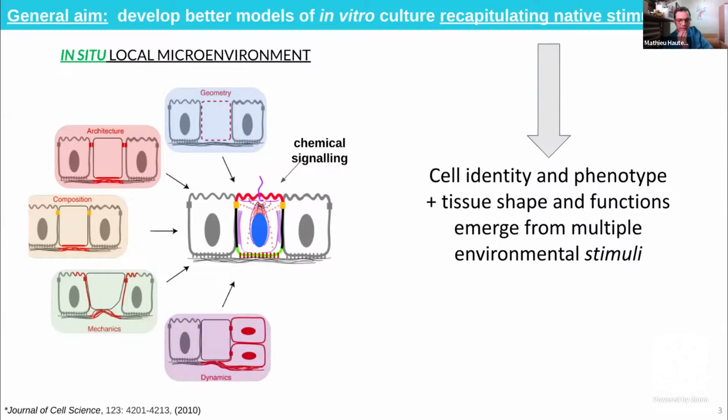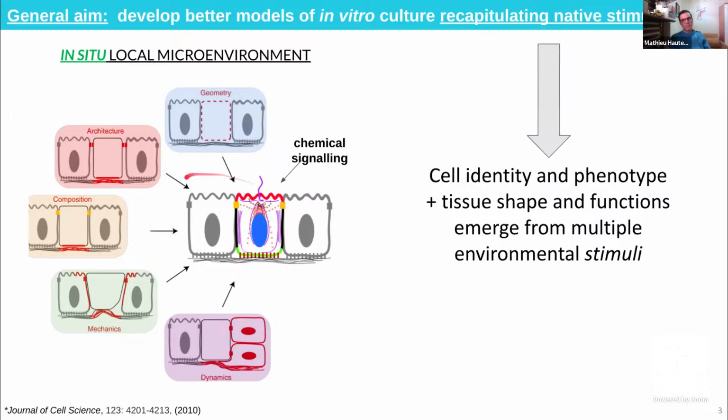So the general aim of this organ on chip and MPS philosophy, if you want, is that you want to integrate in vitro all the known in situ signals that are impacting the cells, that are defining what a cell is, all the Q markers, the phenotypic markers that define its function, its shape also.